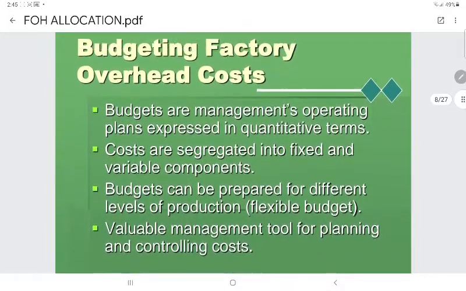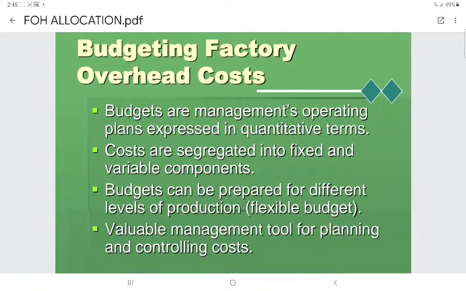Now, in order for us to budget, you are being reminded that you have to be able to include it in your operating plans, no? Wherein your operating plans will form part of your master budget.